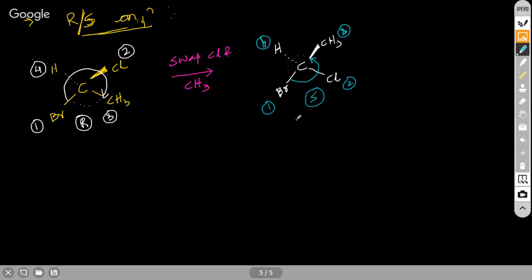Got it? Now, next, again we are swapping chlorine and bromine. When we swap chlorine and bromine, what we get, you see, carbon has CH3 as it is.